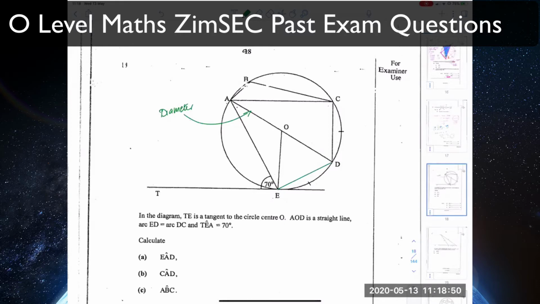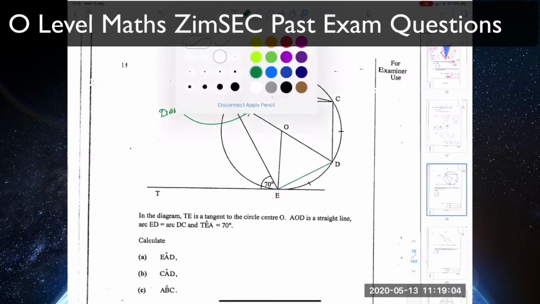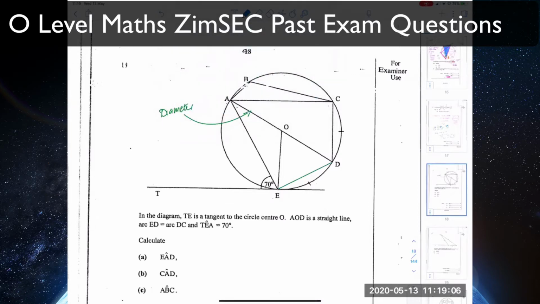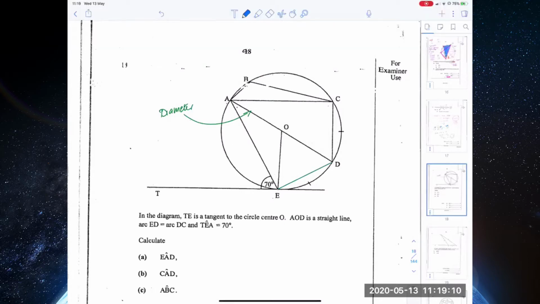And then TEA or T is 70. So where's T? There's TEA, so that's 70 there. And then they say calculate EAD. So the first thing we're calculating, I'll put it in blue, is E, then A, then D, which is this angle here.